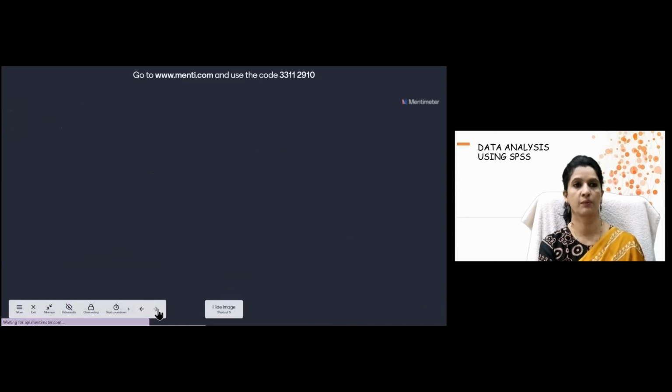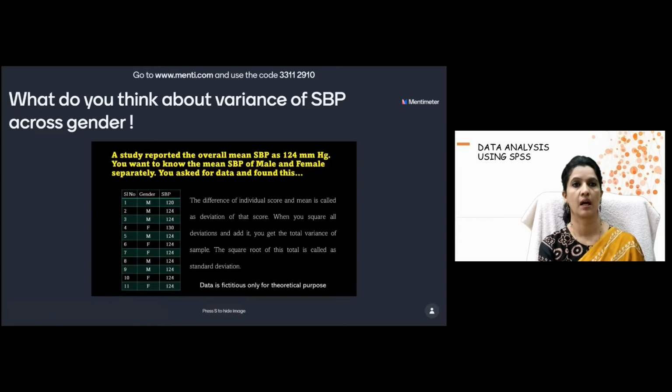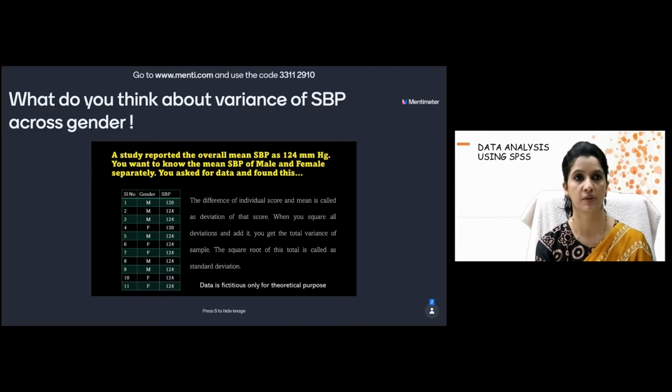Coming to the second question, now see this data. What do you think about the variance of systolic blood pressure across gender? A study reported that the overall mean of systolic blood pressure is 124 millimeter of mercury. In the individual data, the first value is 120, the fourth value is 130, so two values are different from 124.